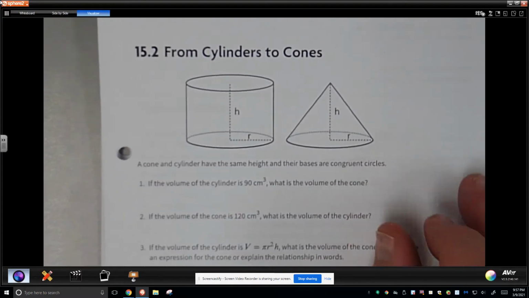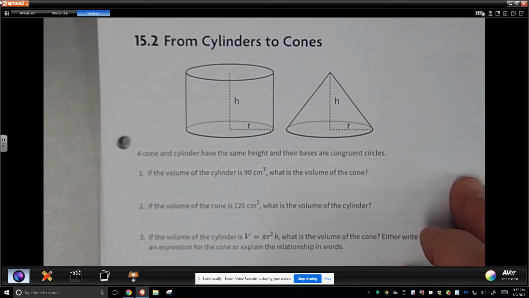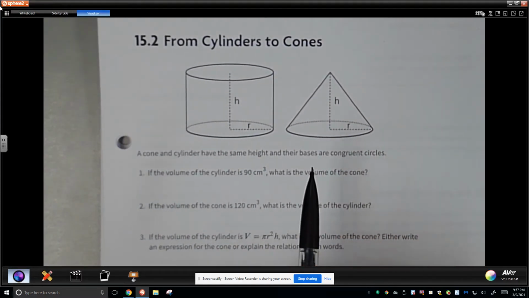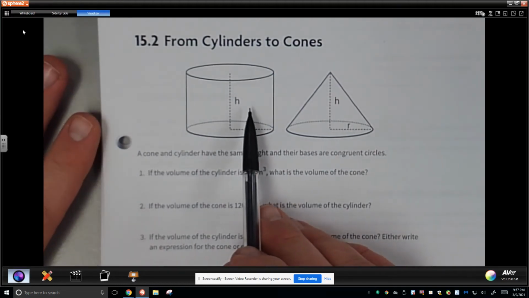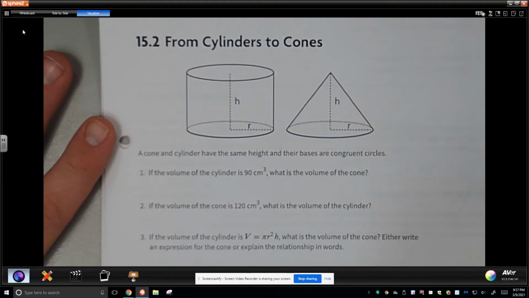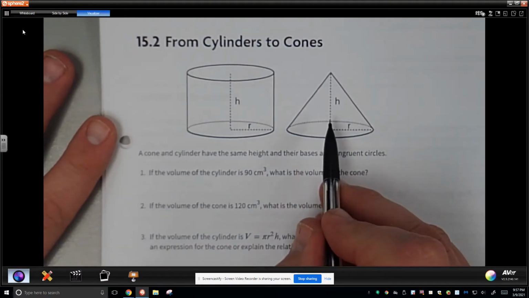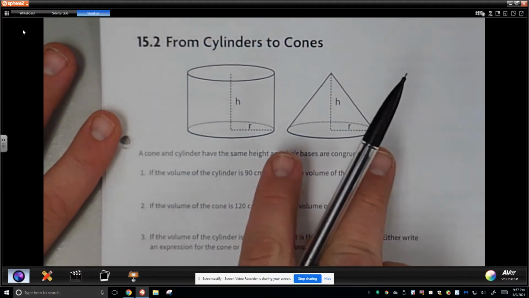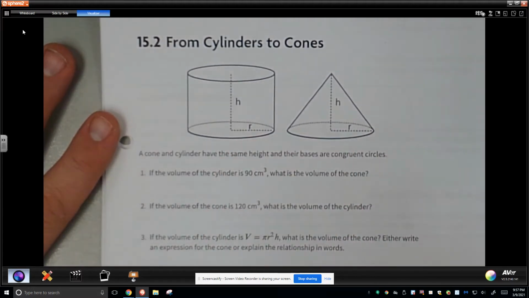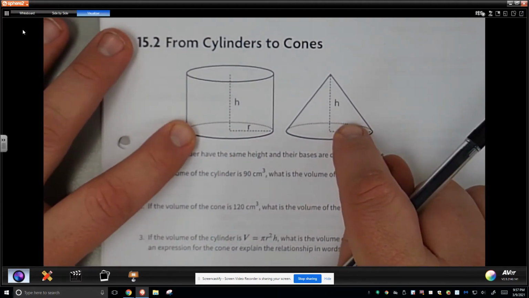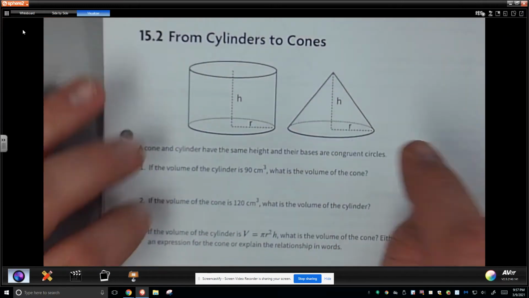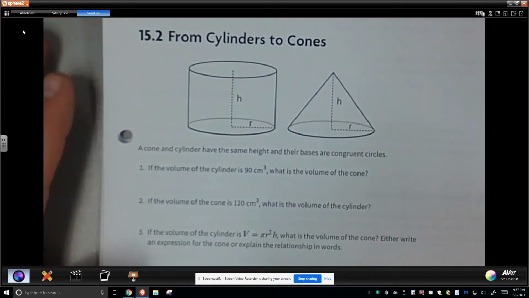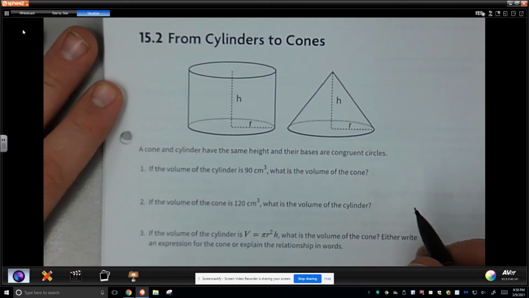Okay. When we work with this, we talk about from cylinders to cones. So we're going to be making a transition and using the formal volume of a cylinder to figure out what a cone is. To be able to do this, what we need to recognize first and foremost is that the bases of cones and cylinders are the exact same shape. They also have a height factor that's exactly the same type of situation, but there's one thing that's different.